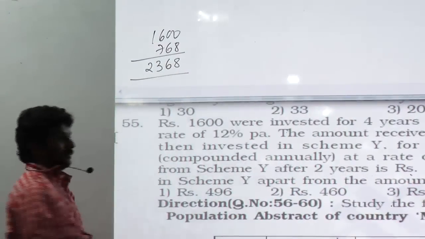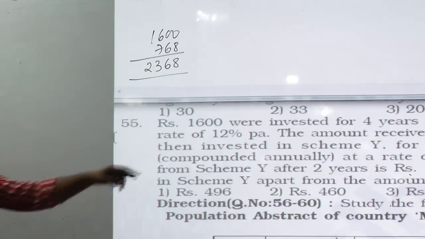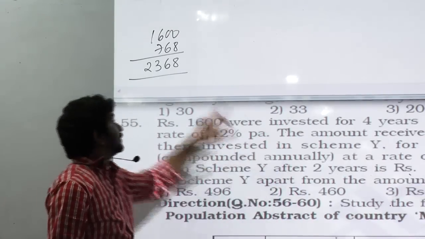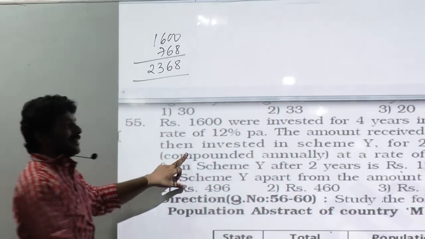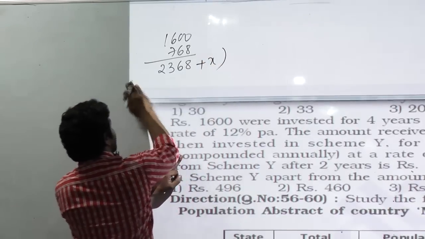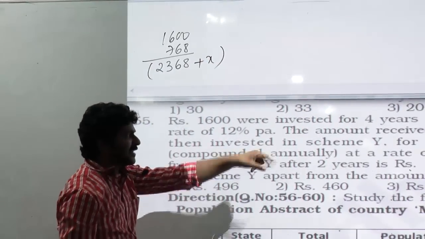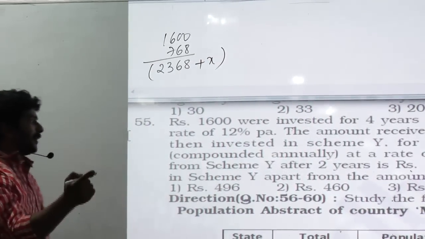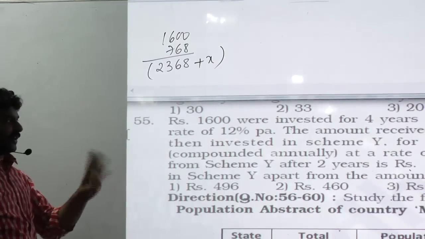2368. Yes or no? Now the amount received after 4 years, this one, and some additional money is invested in Scheme Y for 2 years, which offers compound interest compounded annually at the rate of 20% per annum.